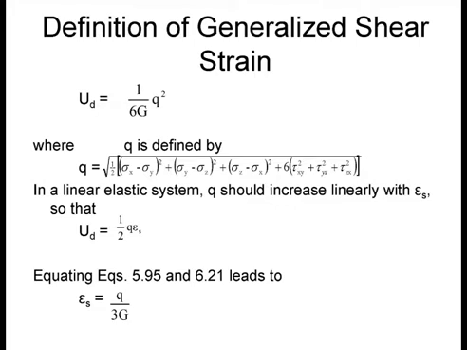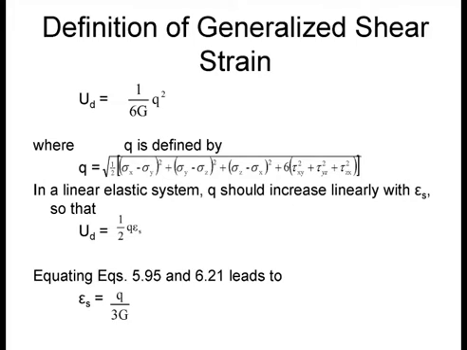There's only one thing I need to highlight to you, which I think is important in your future coursework and also in your future practice. And that is that the generalized shear strain is directly proportional to the deviator stress. And that constant of proportionality is 1 over 3 times the shear modulus. It is not 1 over the shear modulus, it's 1 over 3 times the shear modulus, so Q over 3G. Alright, so this is an important point.